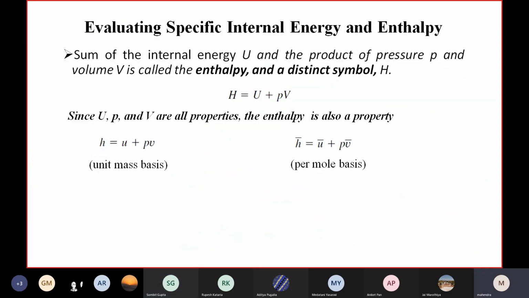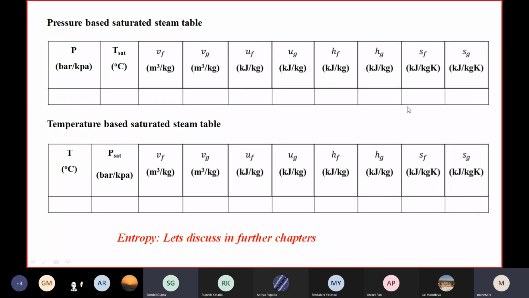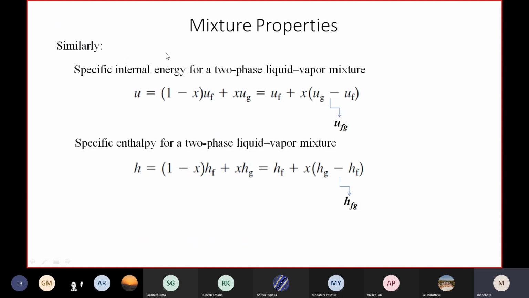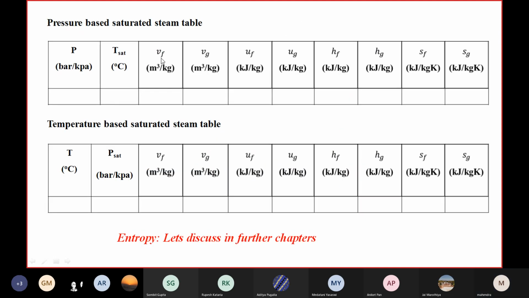If you find it, the table would be like this, as in the slide I'm showing. It is given by pressure and temperature. vf, f meaning liquid, is the specific volume of saturated liquid, and vg is the specific volume of saturated gas.